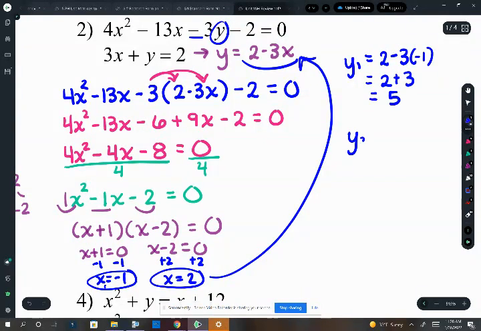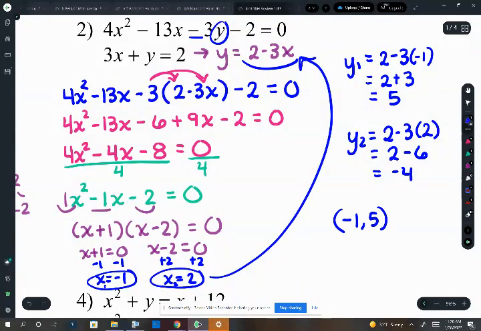And then for y2, we use the x value 2, and we go 2 minus 3 times 2. So 2 minus 6, so we have -4. So then my solutions are -1, 5, that's my first point, and 2, -4, that's my second point.